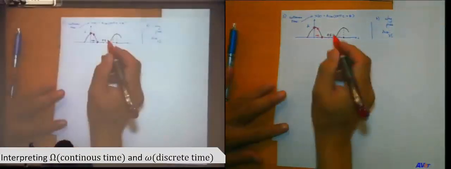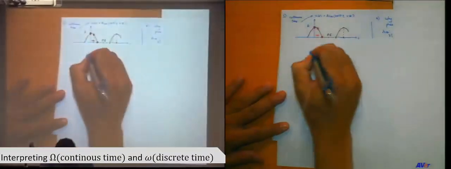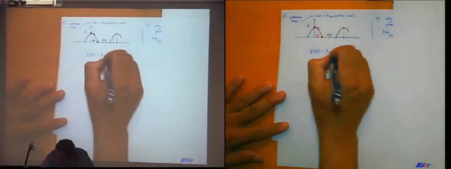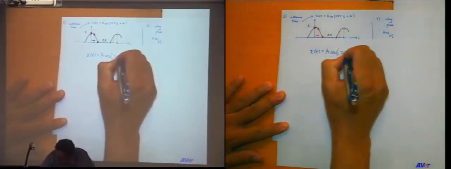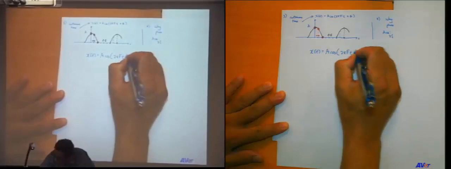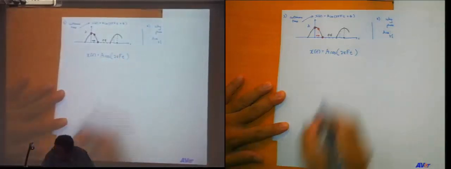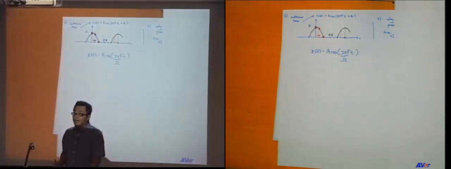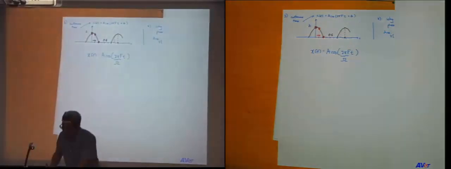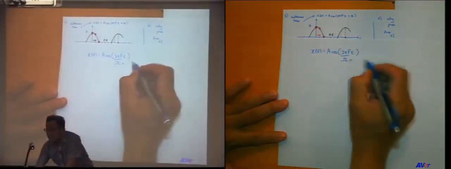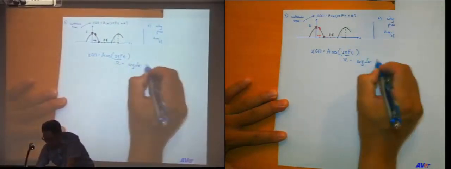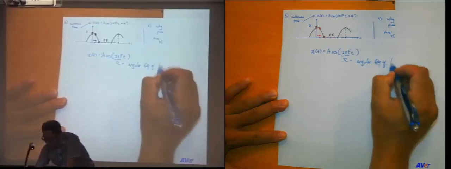In the equation on top, I have written x of t as A cosine of 2 pi big F t, ignoring theta first. This whole term we write as big omega, the angular frequency of the cosine.